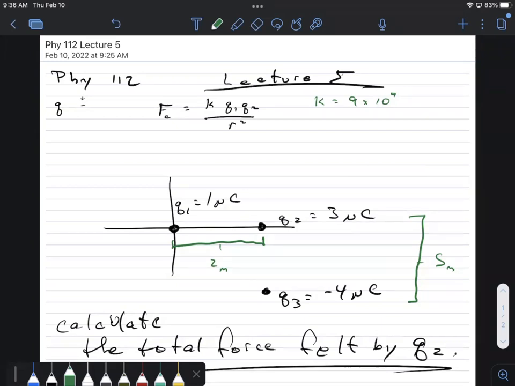Whenever these charges are in materials, the material's properties may affect how the electric force can pass through the material, so depending on what material we use, we may have to adjust this number for K to get the appropriate results. However, for our purposes, we're just going to pretend these charges are in a vacuum, not in a material. And so we'll use the value of 9 times 10 to the 9 always for K.